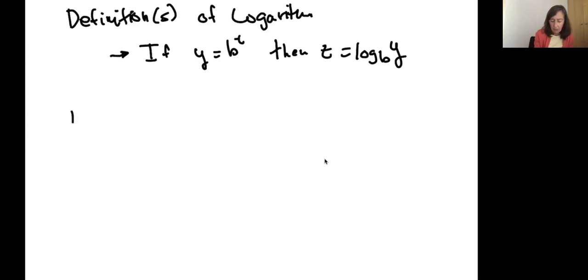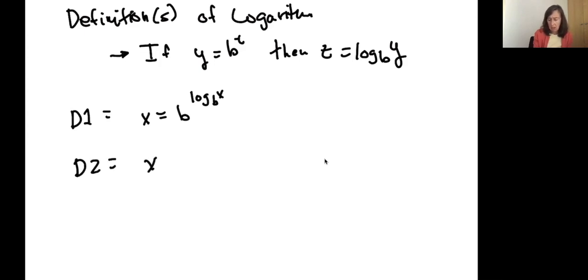Okay, another way to say this, D1, being here kind of as promised, I'm going to switch to x instead of t, that x equals b raised to the power log b x. Okay, let's get that for a minute. And here's another way to say the same thing. x equals base b log of b to the x power.